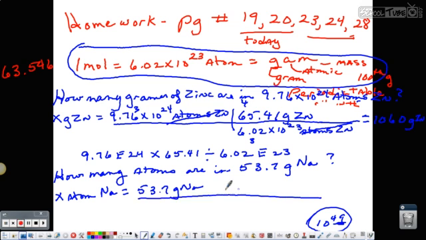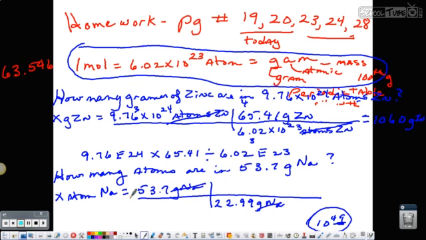Look at your equality. You know the GAM. Look on the periodic table. Find it. Okay. 22.99 grams sodium. That has to go on the bottom so I can cancel my grams of sodium.